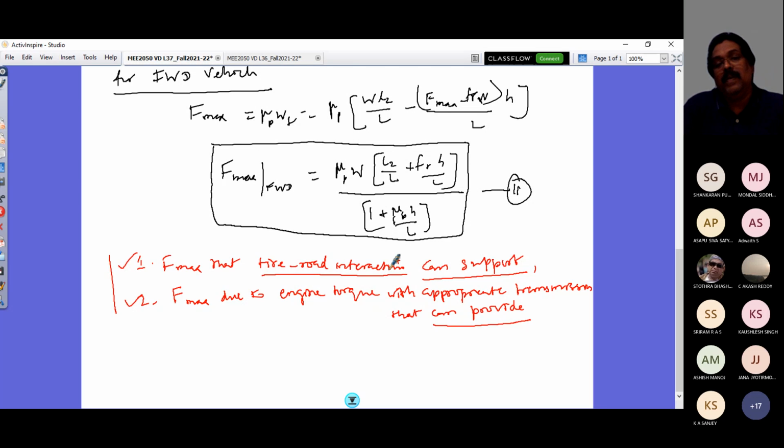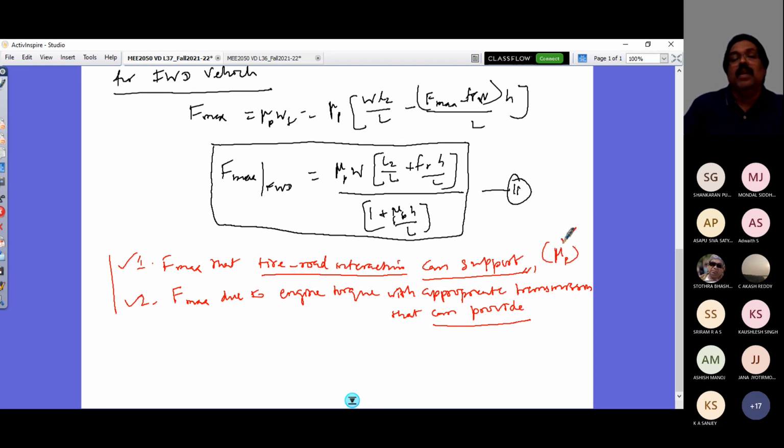If the road surface is slippery, even though the engine provides maximum tractive effort, what decides the gradability is the maximum tractive force that can be supported by the road surface. So at lower gears, the deciding factor is generally the tire-road interaction and the mu value of the surface.